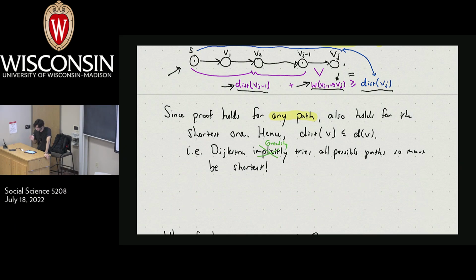So if you just choose v_0 to v_j to be the shortest path from S to v, well, that implies the distance estimate of v is at most the shortest distance to v. So in other words, what Dijkstra is really doing is it's kind of trying all possible paths, but it's doing it greedily. It's skipping paths that it knows can never be the shortest. It completely ignores them. But overall, it'll give you the shortest path.